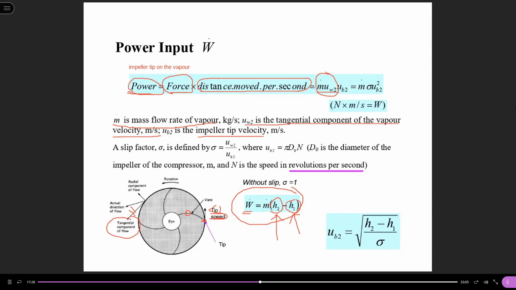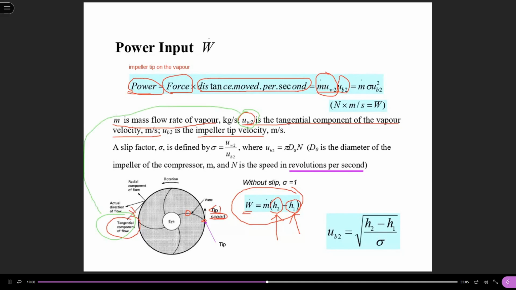So therefore, for the centrifugal compressor, we can also use this equation to calculate the power input by the compressor. Okay, of the compressor. So we understand that m is the mass flow rate of the vapor, and this velocity is the tangential component of the flow.